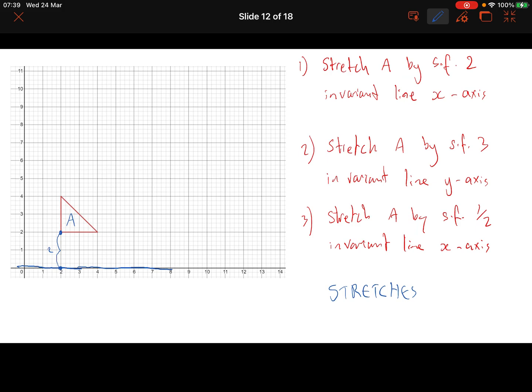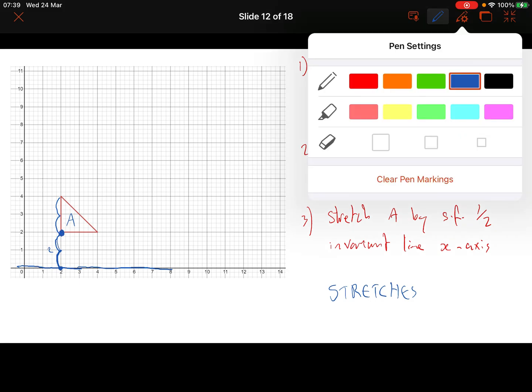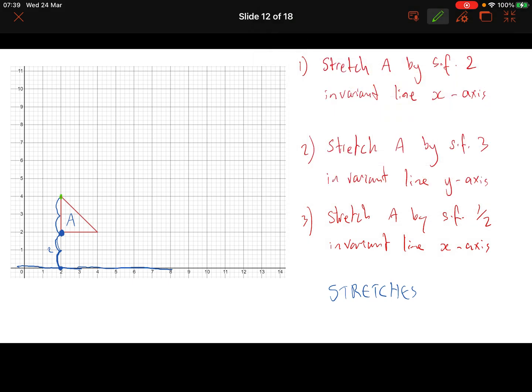So 2 times 2 is 4. So now from that same point on the invariant line, I'm going to count 4. 1, 2, 3, 4. So what that means is this point here moves to become this point here. Okay, we'll do blue to green for the movement.